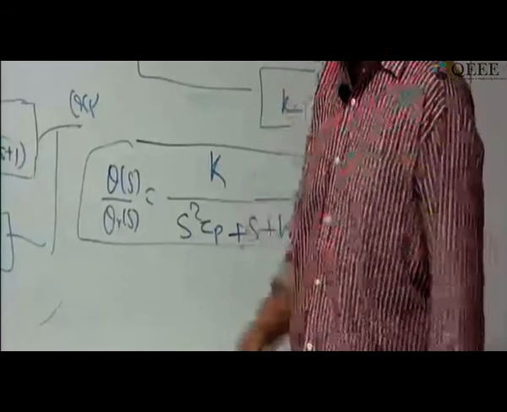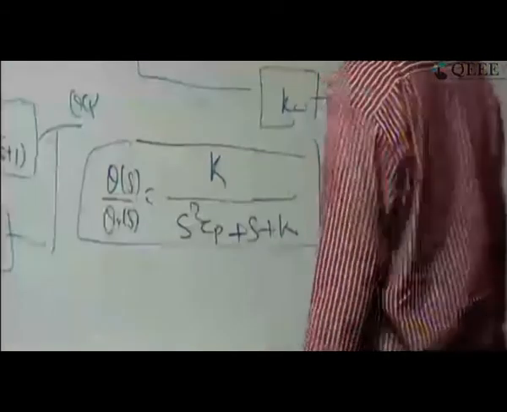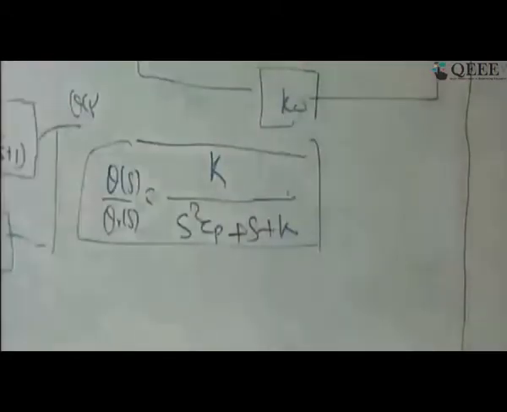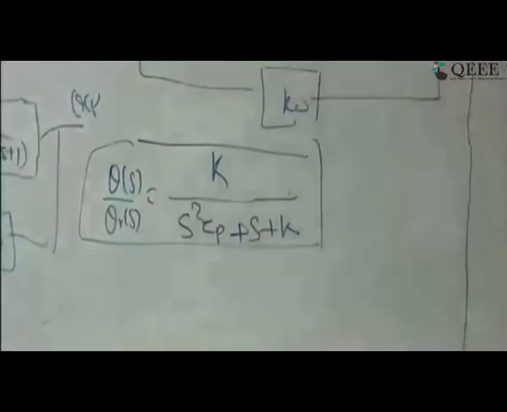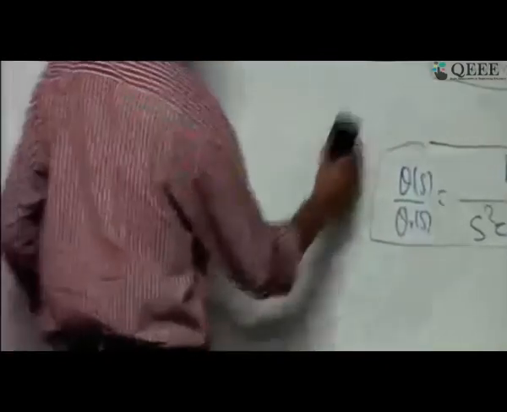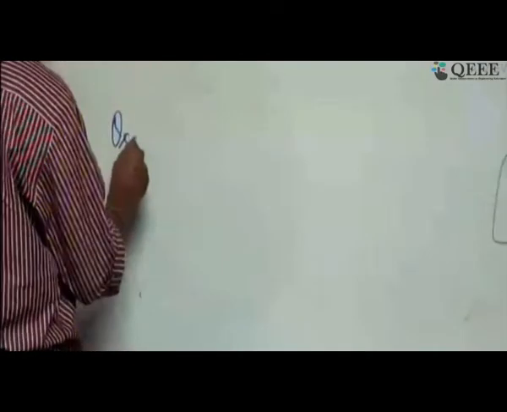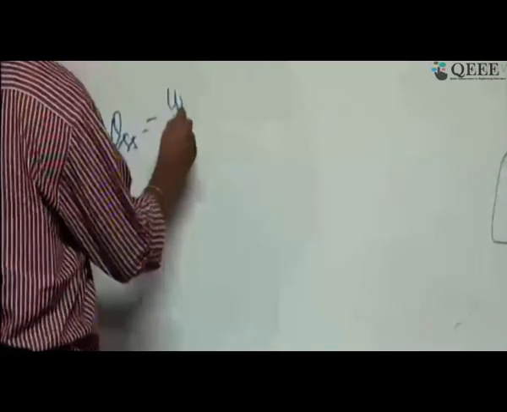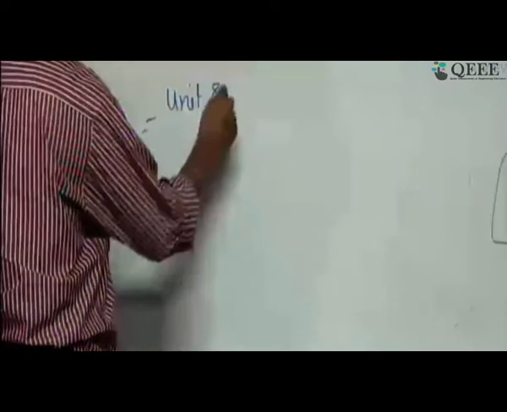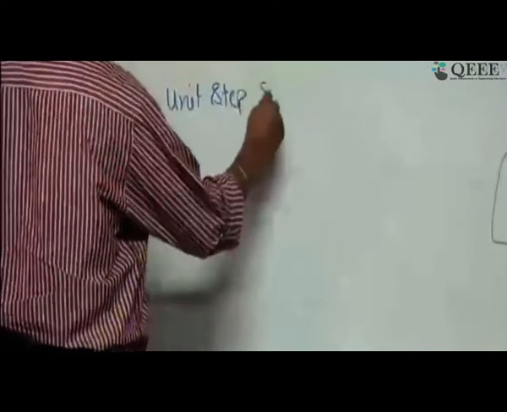Here I want all of you to compute one term which is very crucial. I am eliminating this. This is what is required that all of you understand. What is the theta steady state value for a unit step signal?